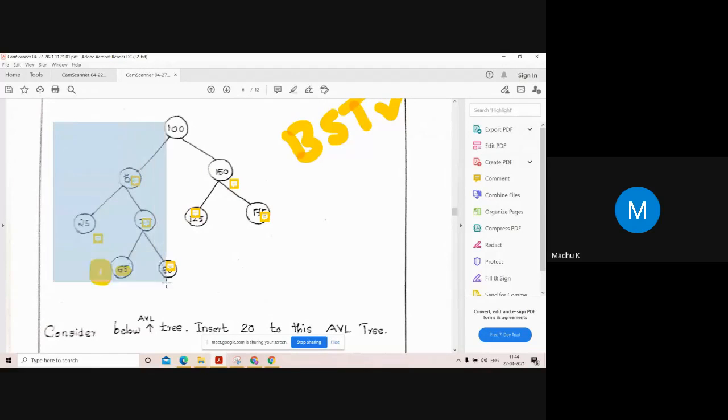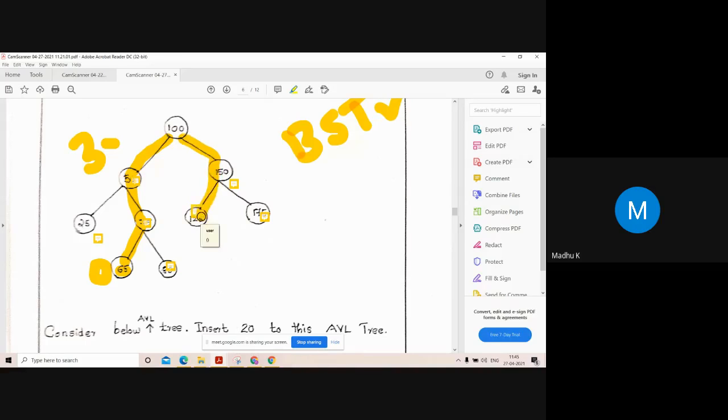This is the left. What is the height? Height is actually this length: 1, 2, 3. The longest path length is the height. So what's the height of 100 in the left subtree part? It is 3. 3 minus the height of the right subtree.